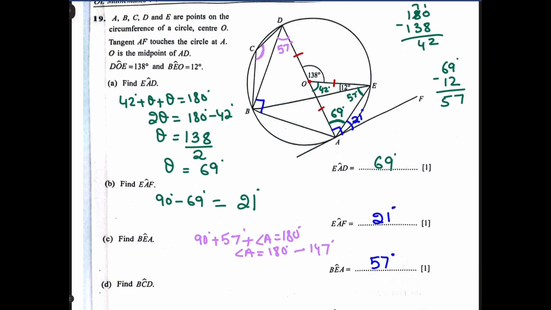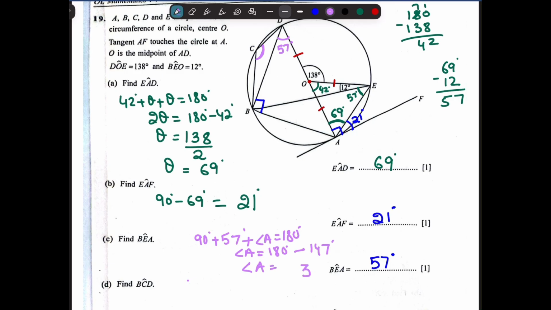Okay, so let's figure this angle out. So we're going to focus on triangle ABD. This is 90, this is 57. So we can figure out angle BAD very easily. So 90 plus 57 plus angle A should be equal to 180, right? So angle A is 180 minus 147, which gives angle A to be 33 degrees.